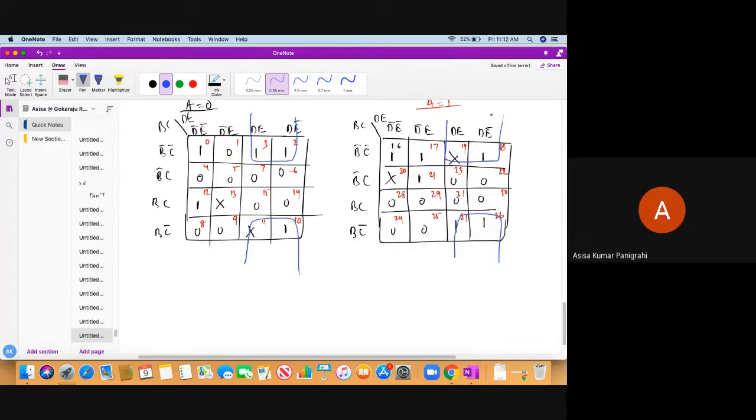Now any other like this I can group? Anything else? We'll see it later. Any other groupings we can do here? Please let me know. So for this I can group it like this, other is not possible.